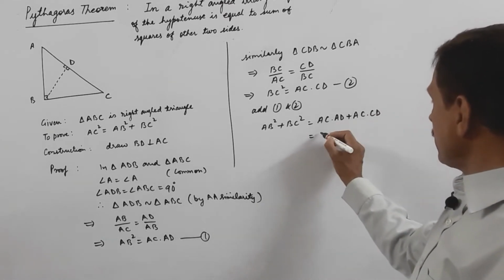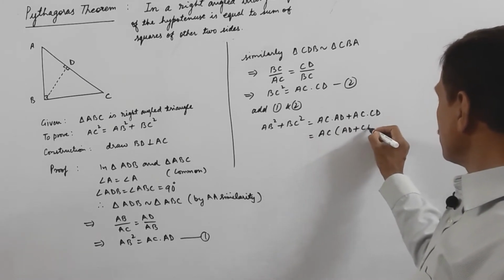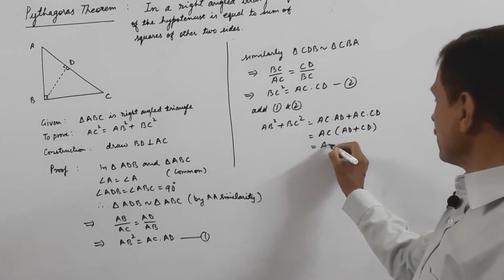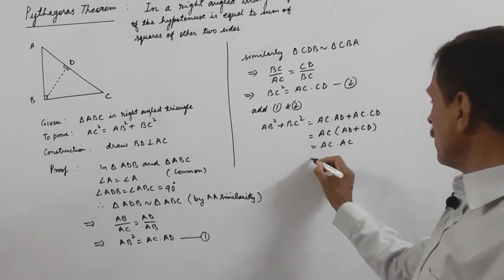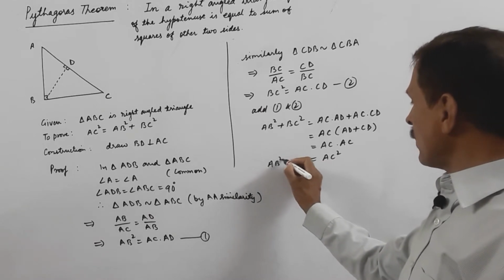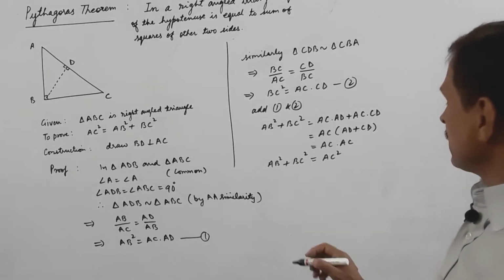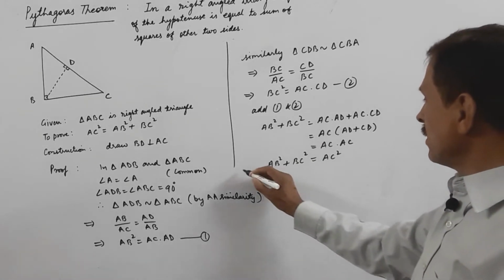We can take AC common, AD plus CD. This is AC dot AC or AC square. So AB square plus BC square is equal to AC square. Hence, the theorem is proved.